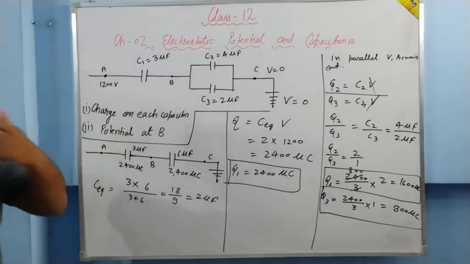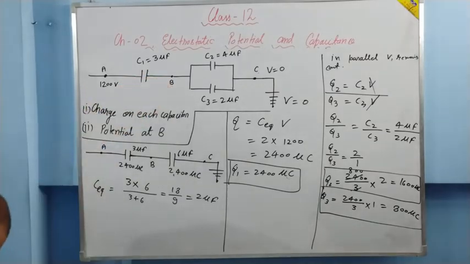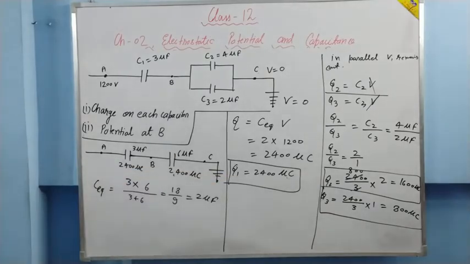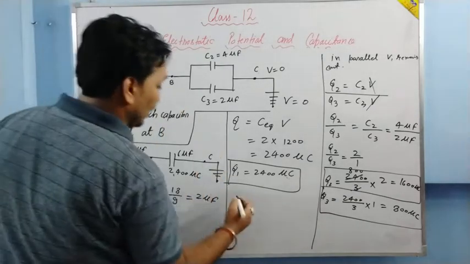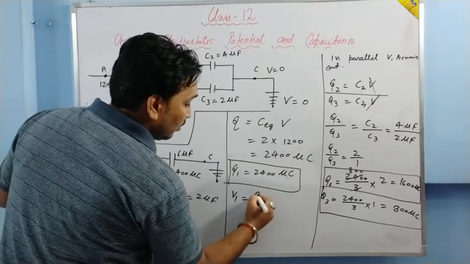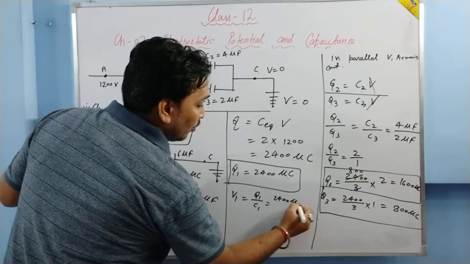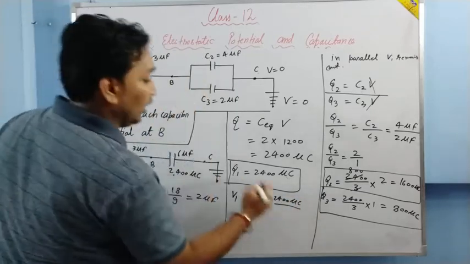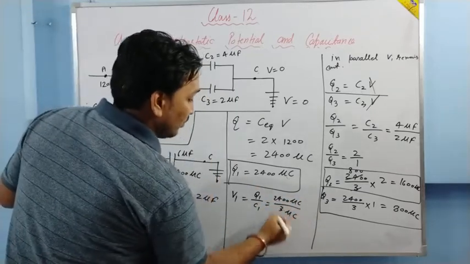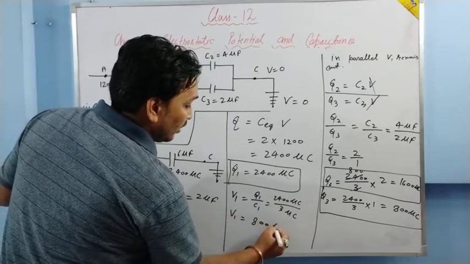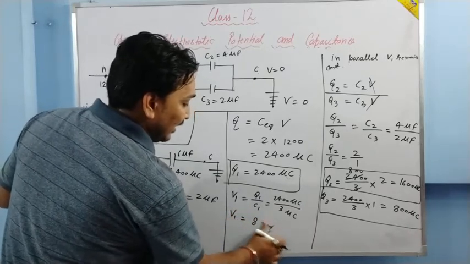Now the second question, what is the voltage at B? Very easy now. Charge we have got. So what is the potential difference across C1? V1 will be Q1 upon C1. 2400 microcoulomb upon 3 microfarad. It will cut, so what are we going to have? 800 voltage.